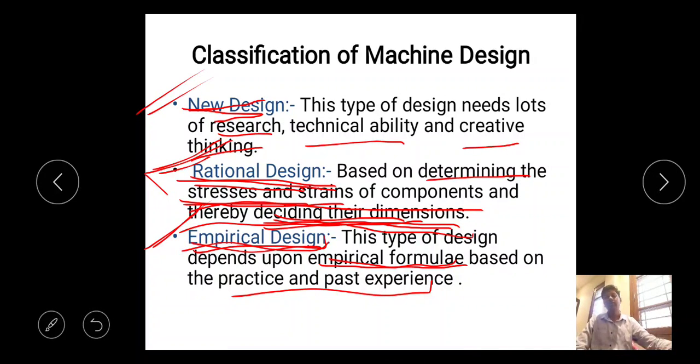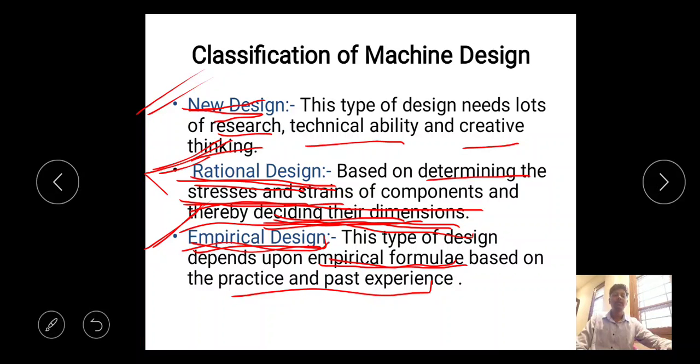So we have studied what is adaptive design, that means you are adopting the new methods. Then development design, which includes both new design and adaptive design. Then new design is nothing but creating your own, based on research and technical ability. Then rational design is based on stress and strain.